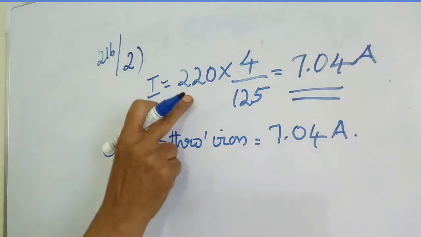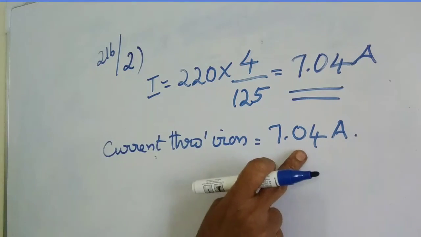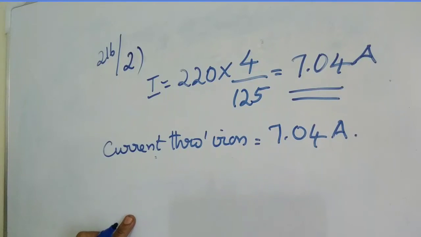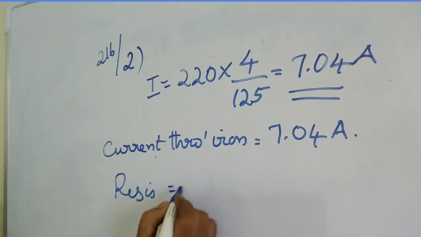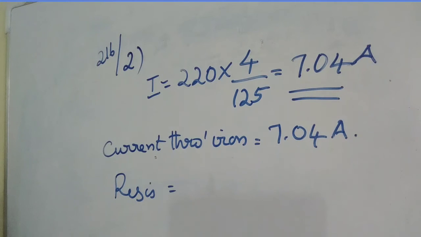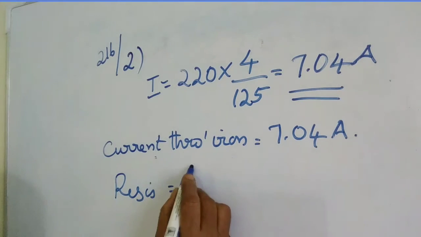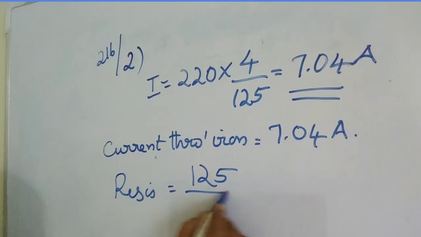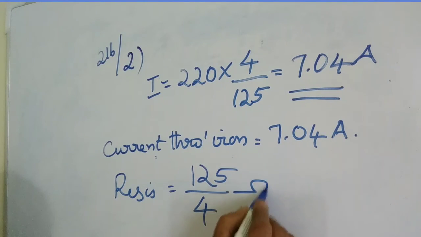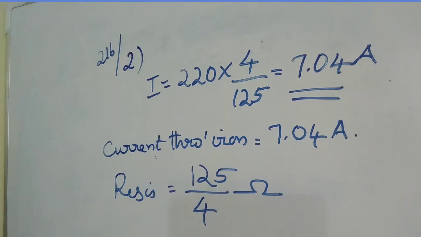The iron is connected to the same source. This much current is flowing through the iron. So what will be the resistance? Resistance will be equal to 125 by 4. What is the unit? Ohms. This much resistance is there in the iron.